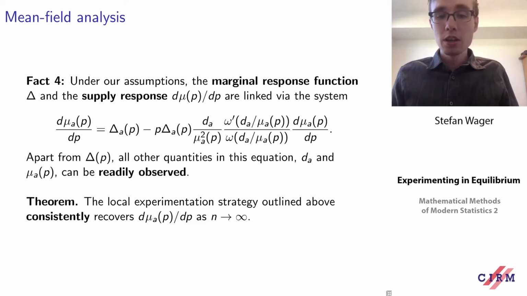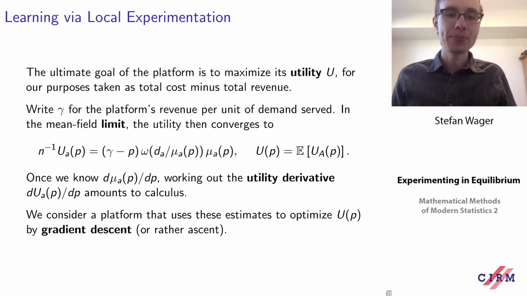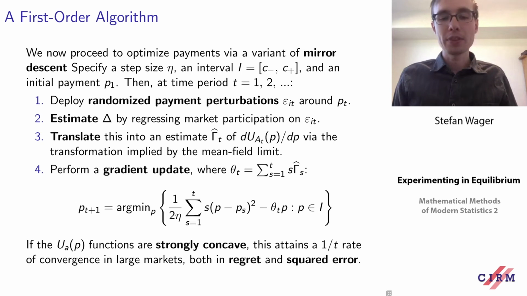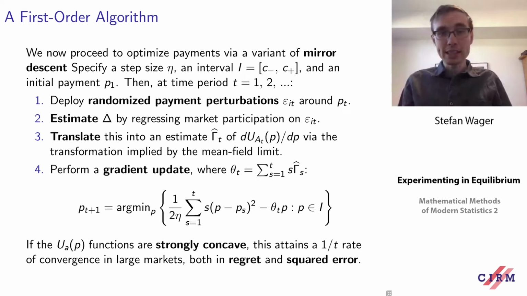Now we're going somewhere, because once we get d mu dp, I'm not going to bore you with the details, but then you can use calculus to figure out how the utility function we care about changes with changing the payment scheme. And there's nothing more difficult that arises there. So this gets us to the point where we can actually deploy an algorithm.